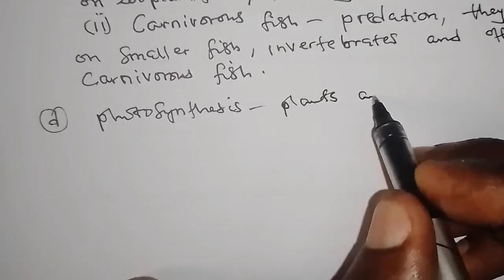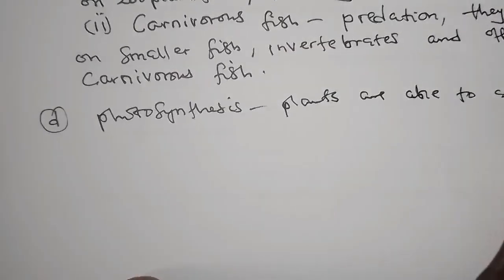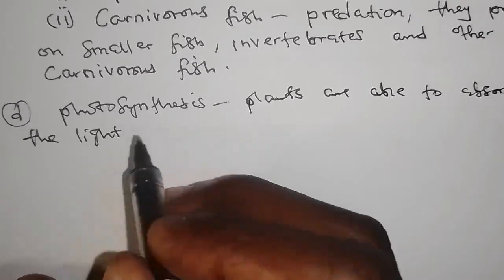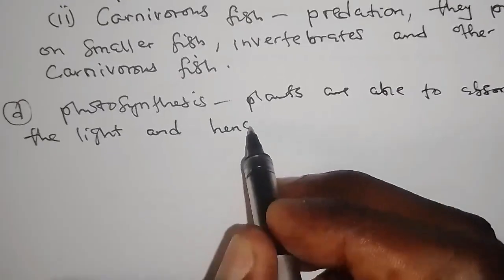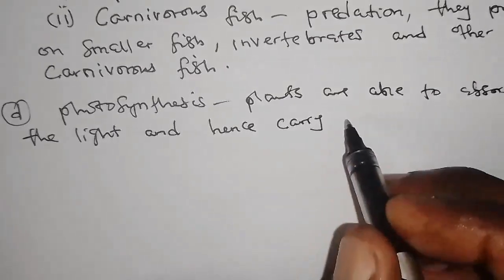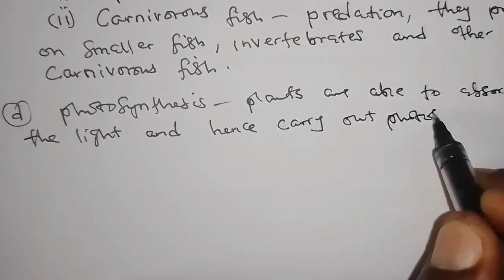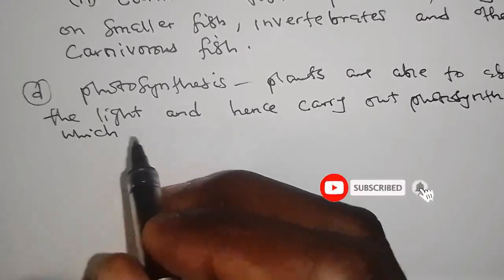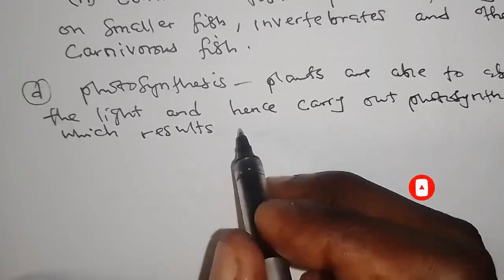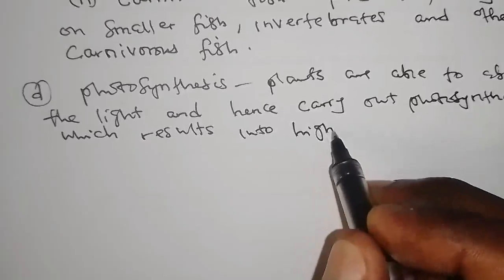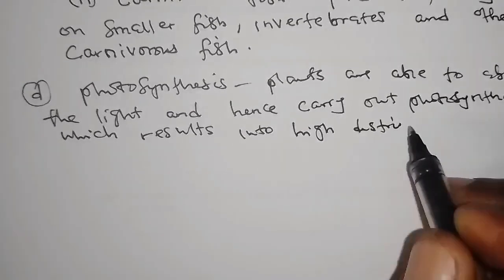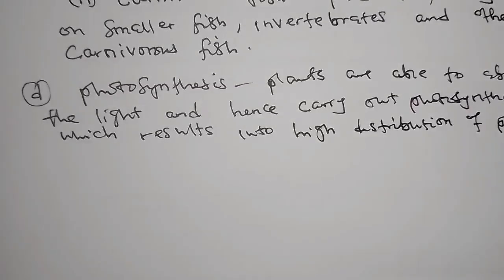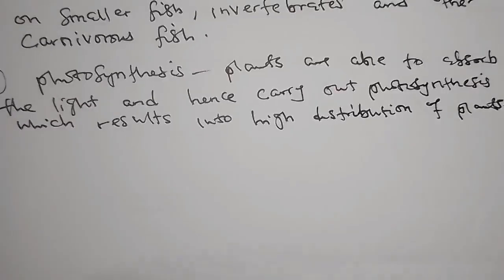So plants are able to absorb the light, and hence carry out photosynthesis, which results into high distribution. Okay, so the photosynthesis.